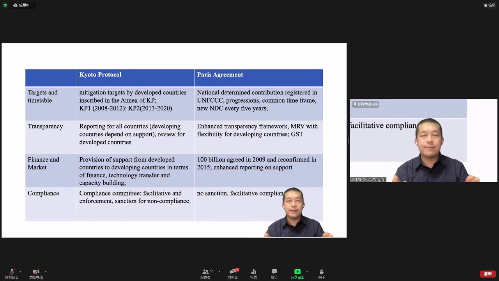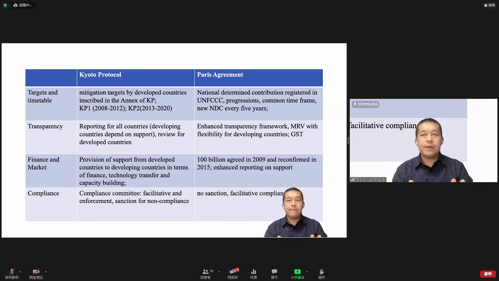And why is there a difference between the two arrangements? The reason is generally that we understand that ambitious international action builds upon ambitious national action. But national action very much depends on national governance, including the national actors, national objectives, national processes, structural factors, and also actions.